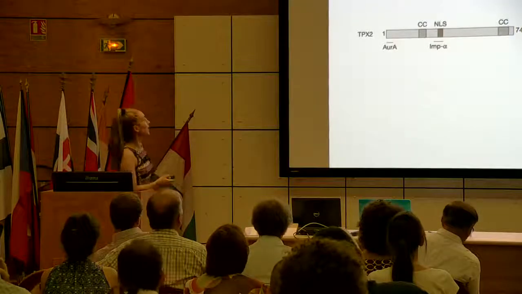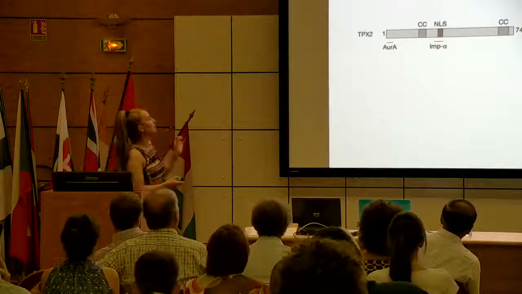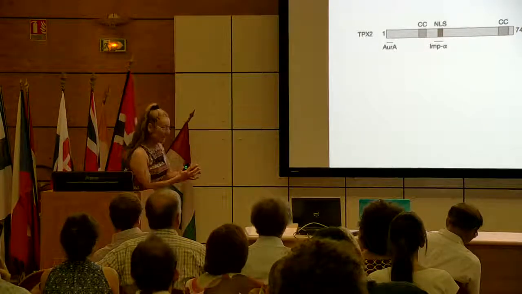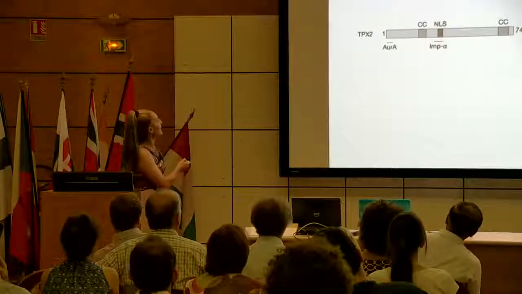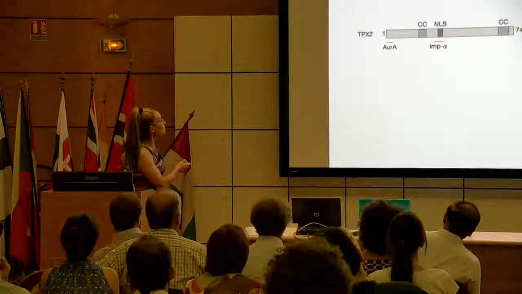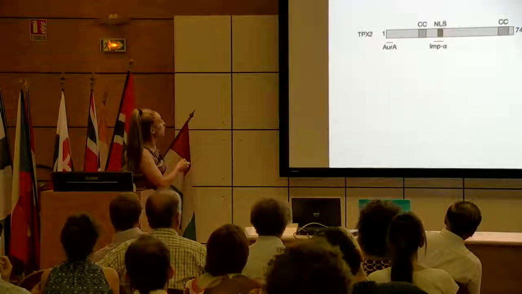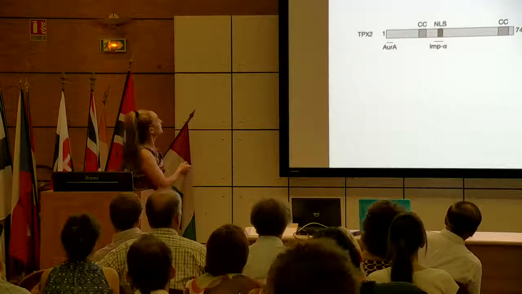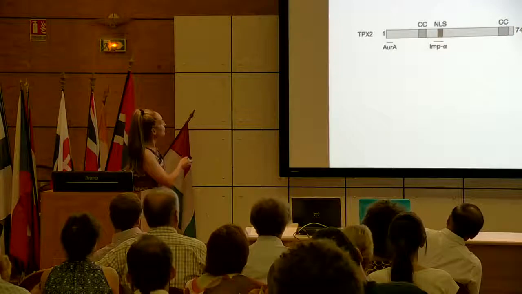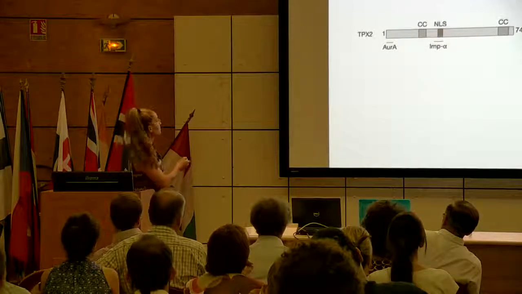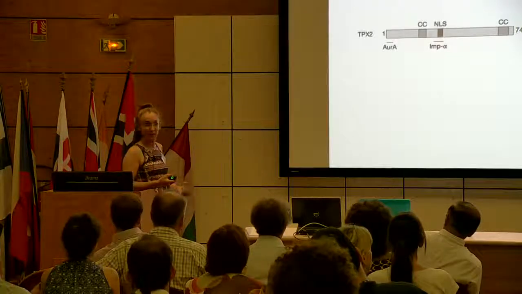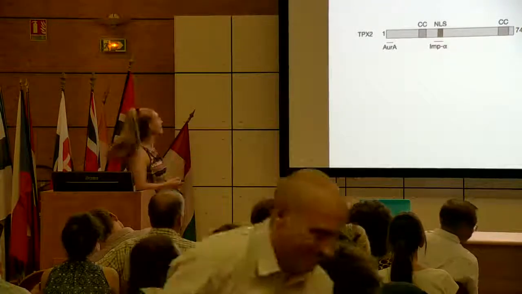And the way this happens in a Ran-GTP manner, so in this localized manner in the cell, is that in conditions where Ran-GTP is low, then TPX2 is sequestered away by importin. So you hear of importin in the context of moving things in and out of the nucleus based on Ran-GTP gradients.